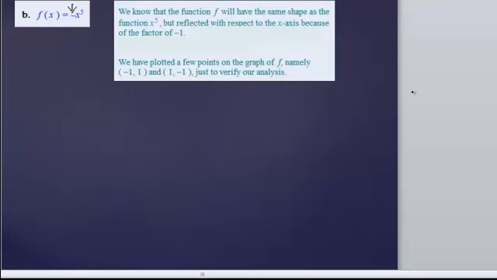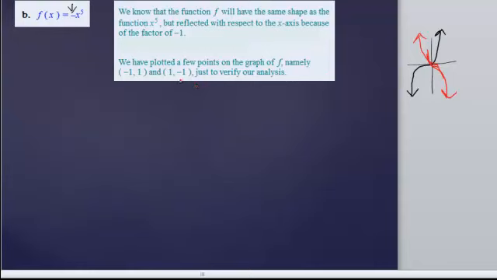So earlier we were talking about how x to the 5th is something like this, but it's a little bit flatter in the middle than the x cubed function. Well, if you were to take this and flip it over the x-axis, you would end up with a function that looks like this direction. Of course, it should be a little bit flatter in the middle. So that's what it's going to look like.